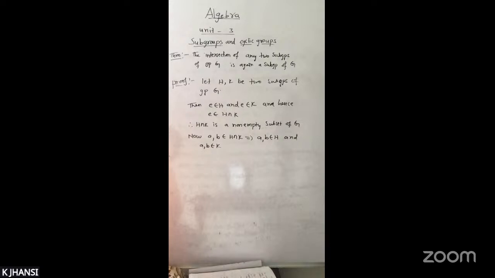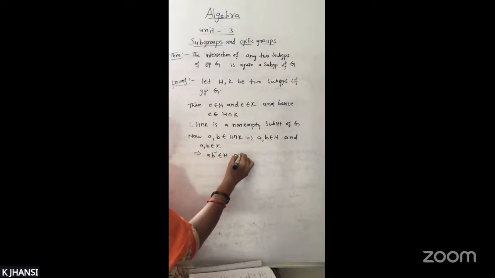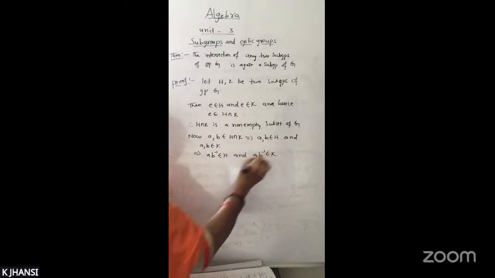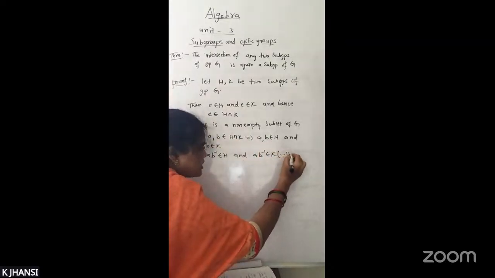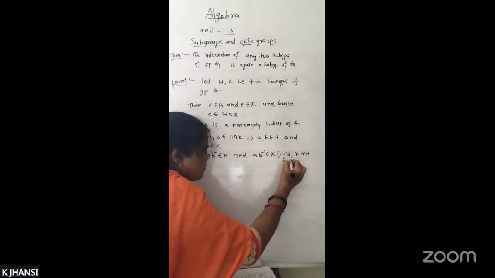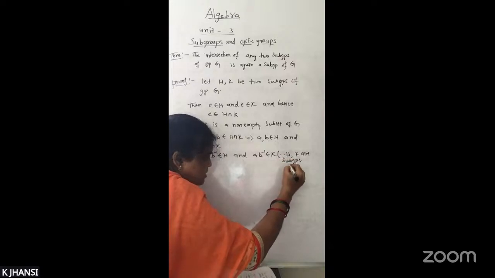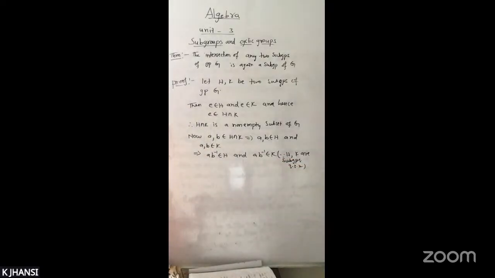So a, b belong to H and also to K. By the definition of subgroup, we can write ab inverse belongs to H and ab inverse belongs to K. a, b belongs to H means ab inverse belongs to H; a, b belongs to K means ab inverse belongs to K. Since H, K are subgroups, we can use theorem 3.3.2 to write this.